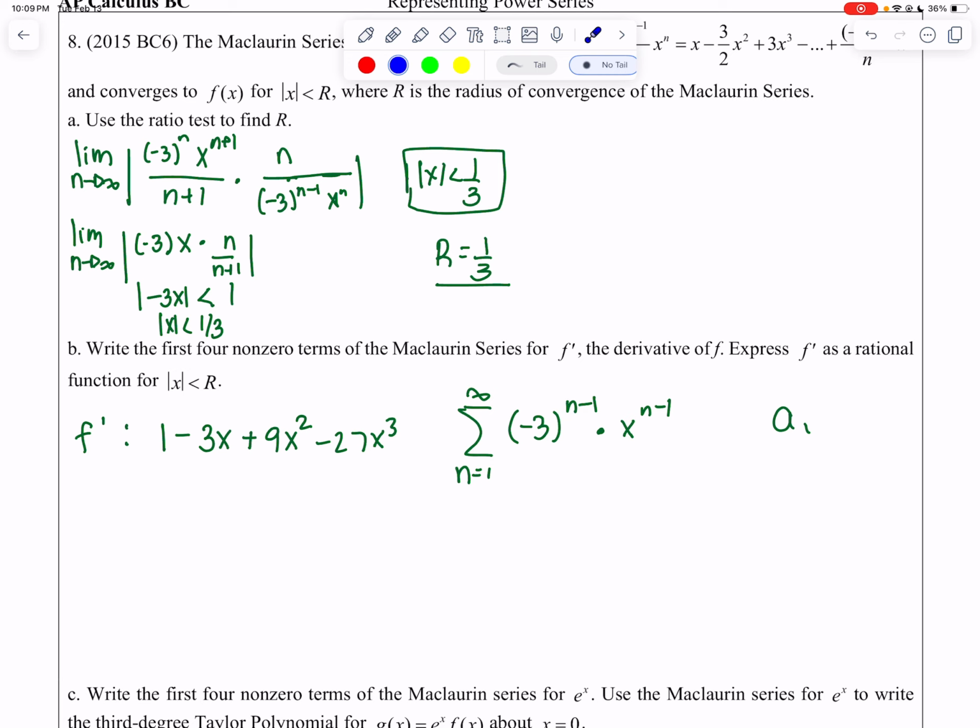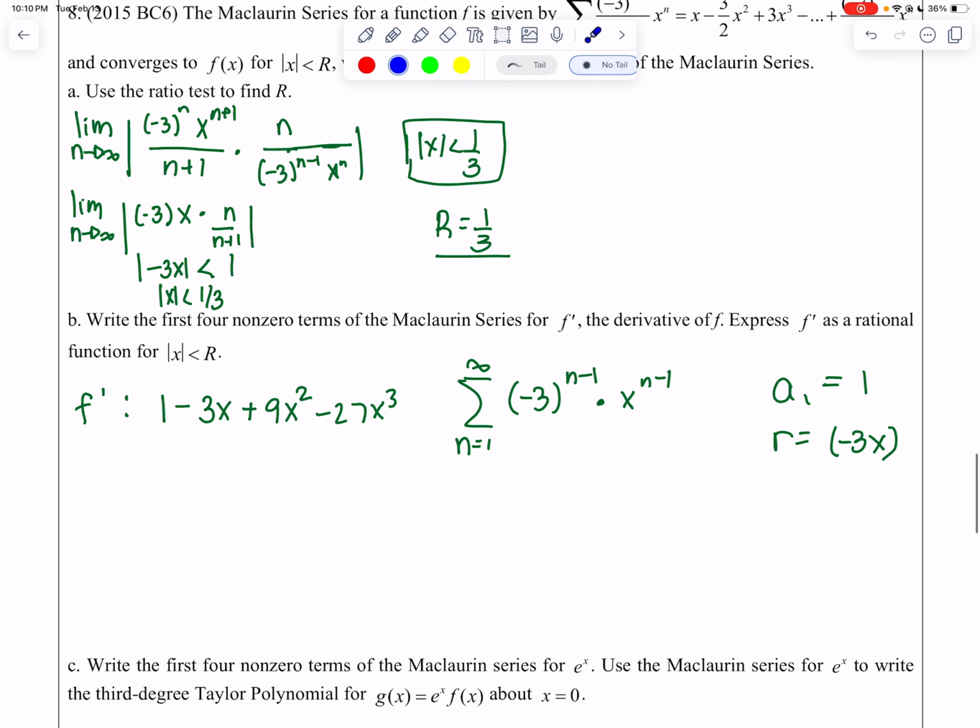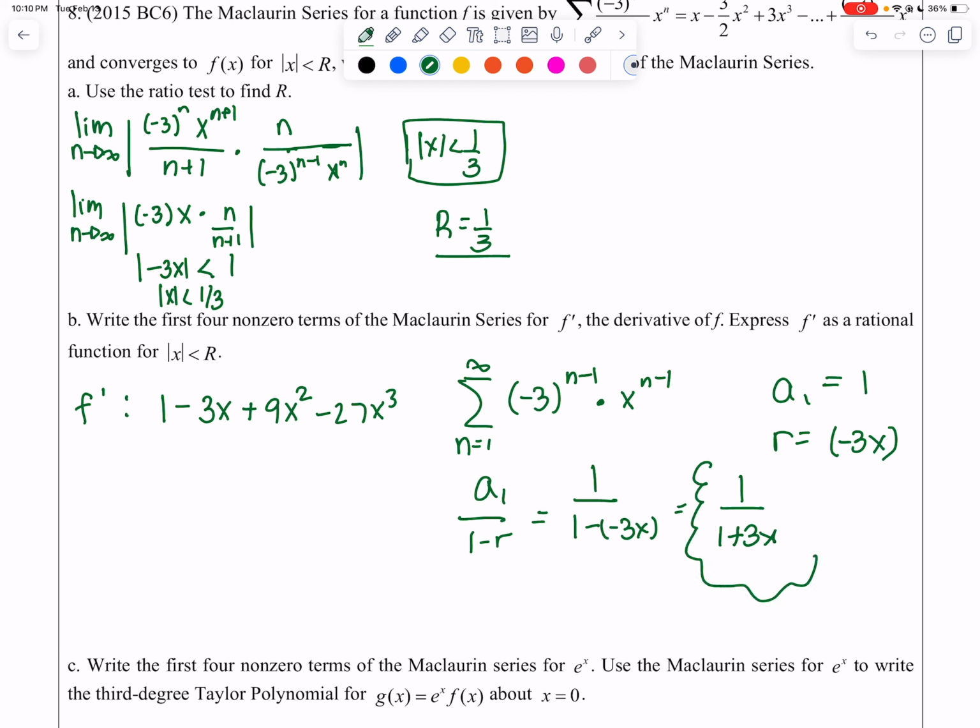So this just tells me that my first term is just going to be 1. Then my common ratio is going to be negative 3x, because I can actually combine these since my exponents are the same. So now I have a sub 1 over 1 minus r, that's going to be equal to 1 over 1 minus negative 3x, or 1 over 1 plus 3x. So this right here is my lovely rational function.